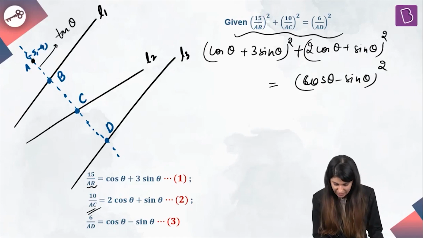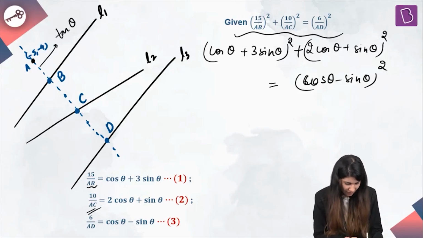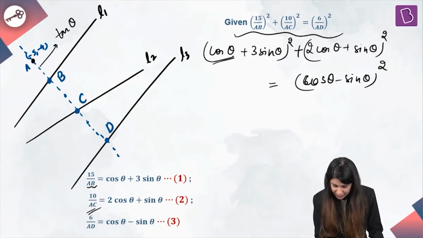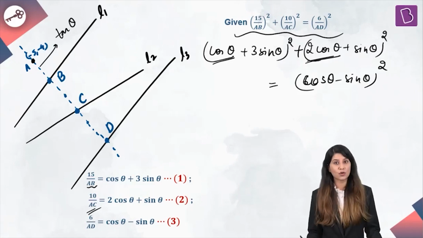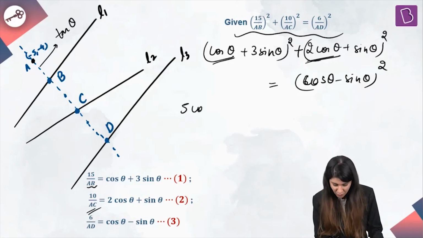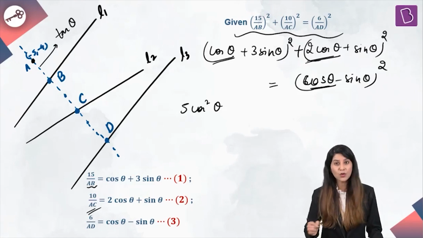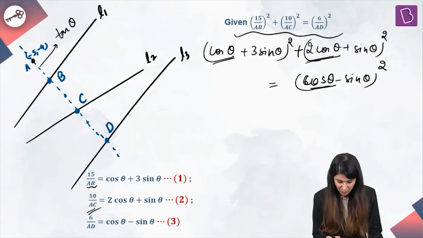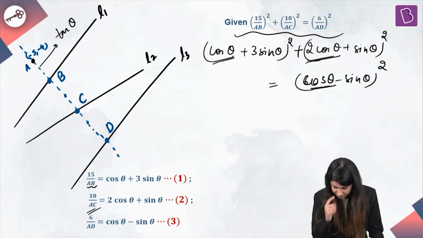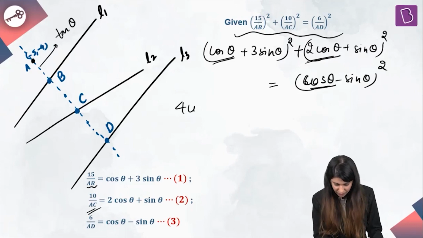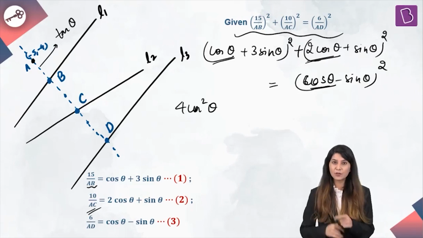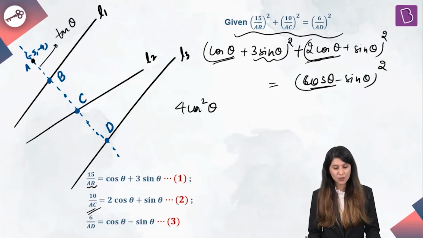Cool, let's do that. Cos square theta plus, okay, if you solve this, what do you get? Cos square theta from here and 4 cos square theta from here. It will be 5 cos square theta and one more cos square theta on the right hand side. So it will be 4 cos square theta. Cool. What about sine square theta? 9 sine square theta from here plus 10 sine square theta, and here one more sine square theta.